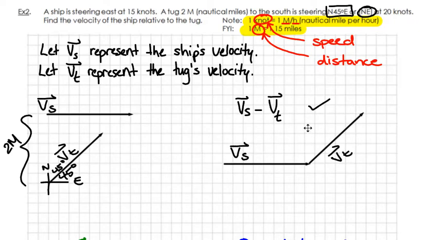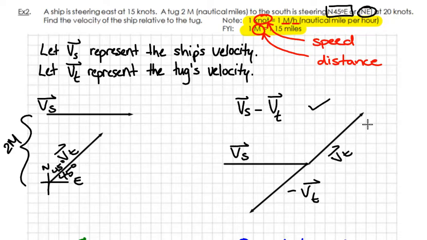I don't want plus, I want subtract. So I am going to take Vs plus the negative Vt. I'm going to make it the same magnitude as this one, but in the opposite direction. And so we would say this is negative Vt.